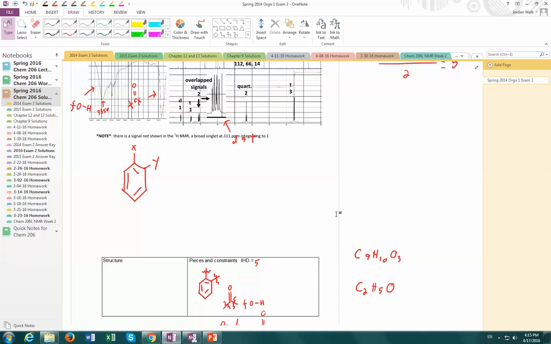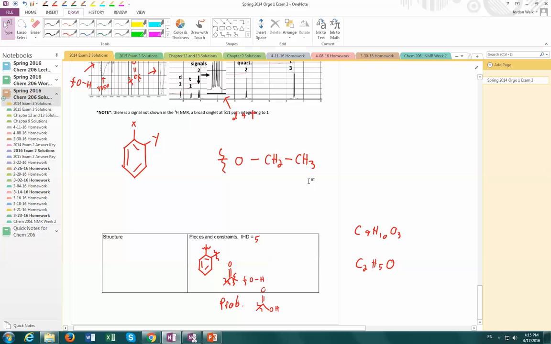It's a CH2CH3 next to what? An oxygen, right? Because we've got this thing downfield around 4. And so, without a doubt, and this is one of those things that you get used to seeing by working these problems, there's really no other way that this would make much sense, given we're not going to go more complicated than structures like this.